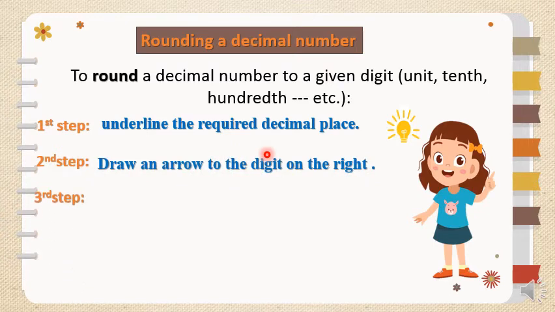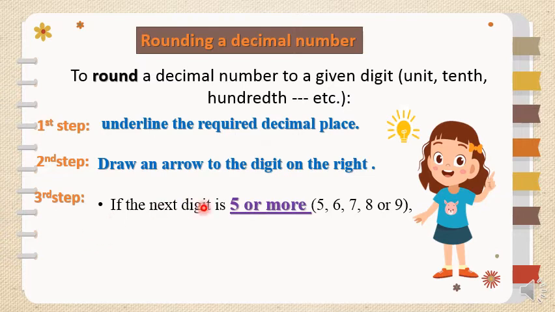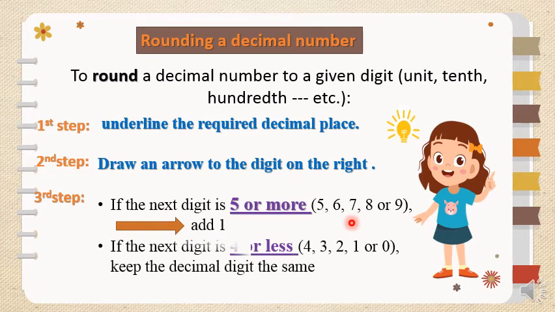Draw an arrow to the digit on the right. 3. If the next digit is 5 or more, like 5, 6, 7, 8, or 9, we add 1. If the next digit is 4 or less, just like 4, 3, 2, 1, or 0, we keep the same digit as it is.